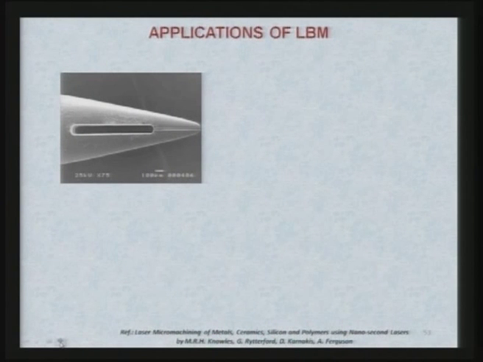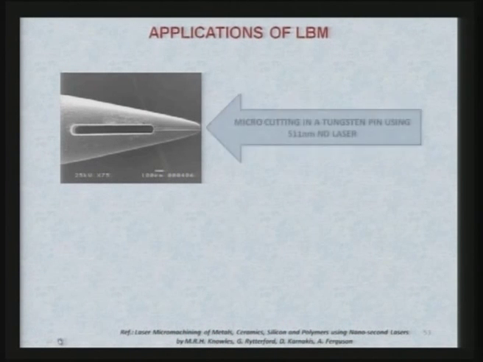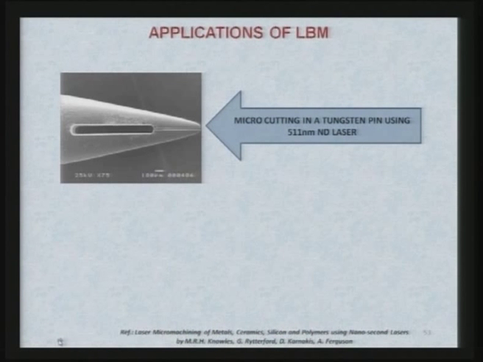Now, let us see very specific applications of laser beam micromachining. You can see here in this figure micro cutting in a tungsten pin using 511 nanometer Nd:YAG laser. This is the micro cutting and it is a tungsten pin.